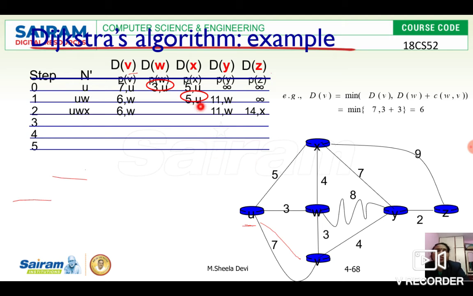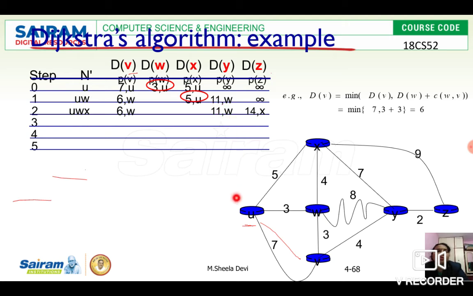The best path is previous node U, that is 5. 5 plus 7. So now we have added X. So from U through X to Y, the cost is 12. But the previous value was 11. So I am not going to update it.